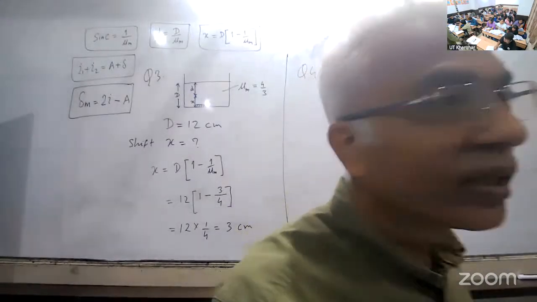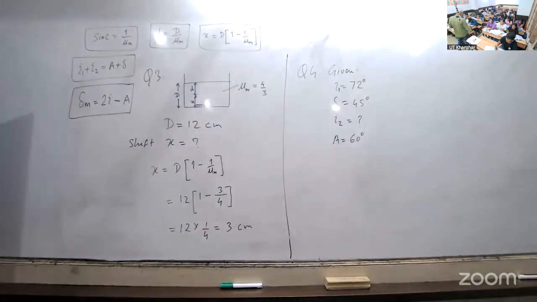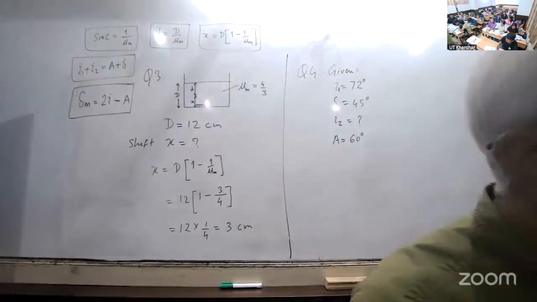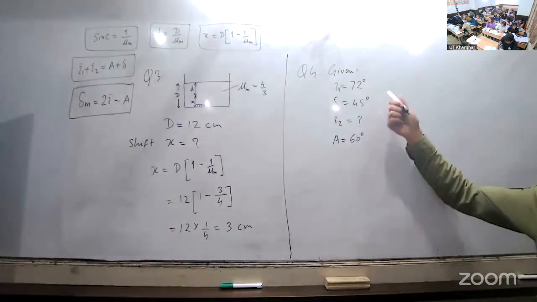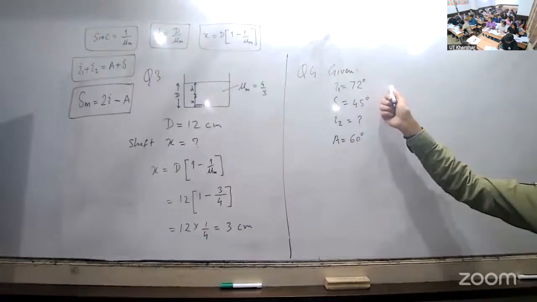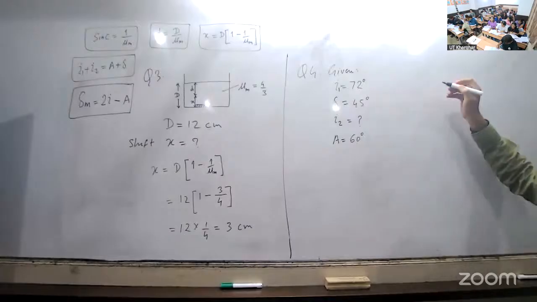So you don't need a diagram for this. Pratyush, you don't need a diagram for this. What is given? Angle of incidence is given. It is this diagram, no?